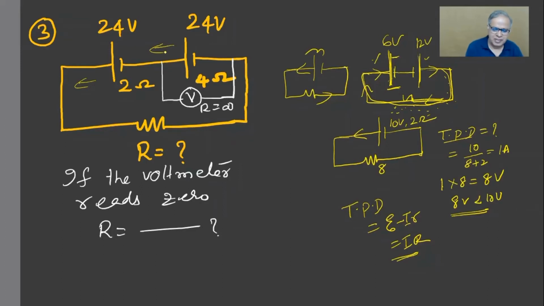Tell me, children. So the total current I can write as I equals 24 plus 24, 48. I can add. They are supposedly in series. That means I can replace the two cells by a single cell of 48 volts EMF.